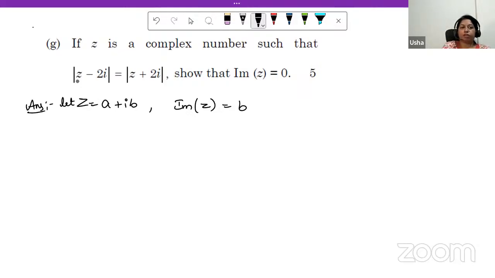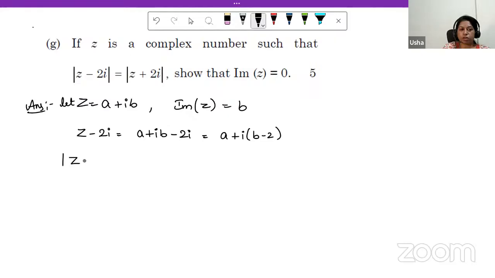Okay. Now for this, they have given that this one is equal to this one. Let us see what you will get here. So Z minus 2i is equal to A plus iB minus 2i. Now the imaginary part, we will group it. A plus i into B minus 2 is what you will get. This is Z minus 2i. Here, what is the real part? A. The imaginary part is B minus 2.